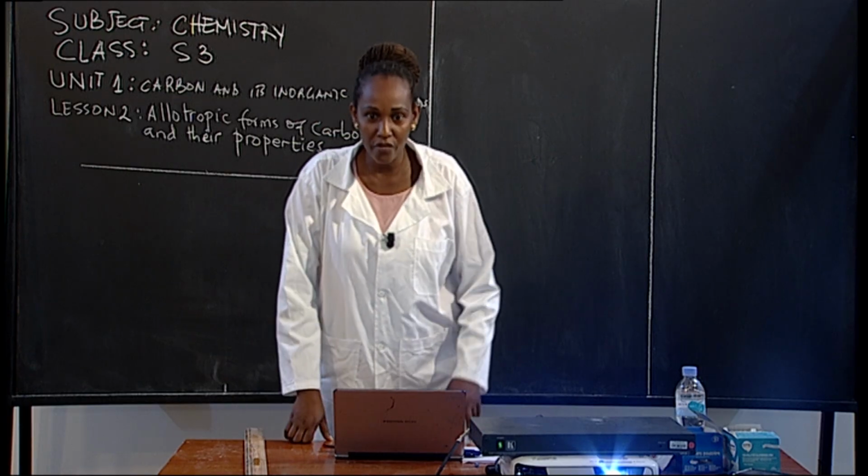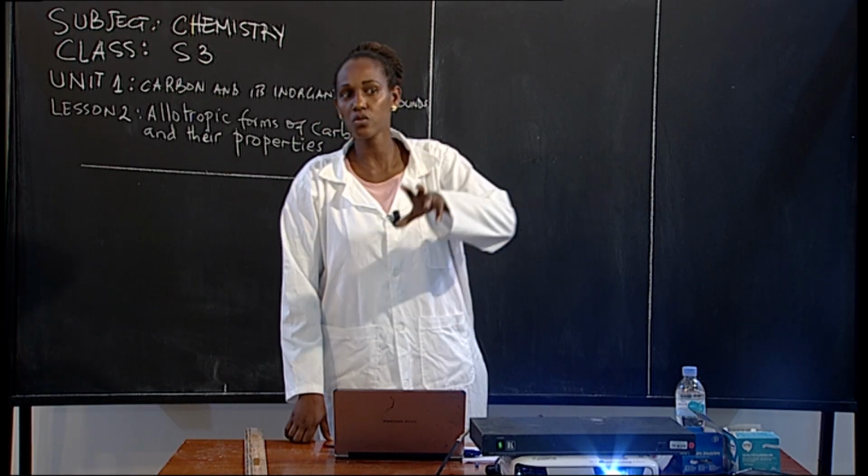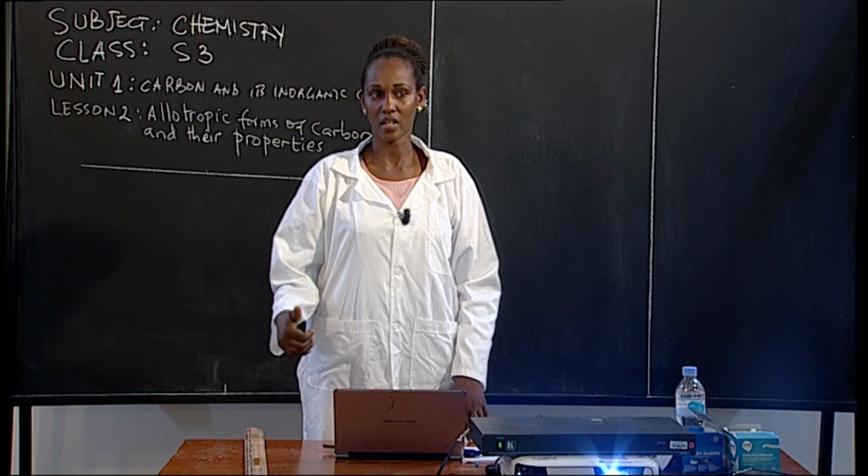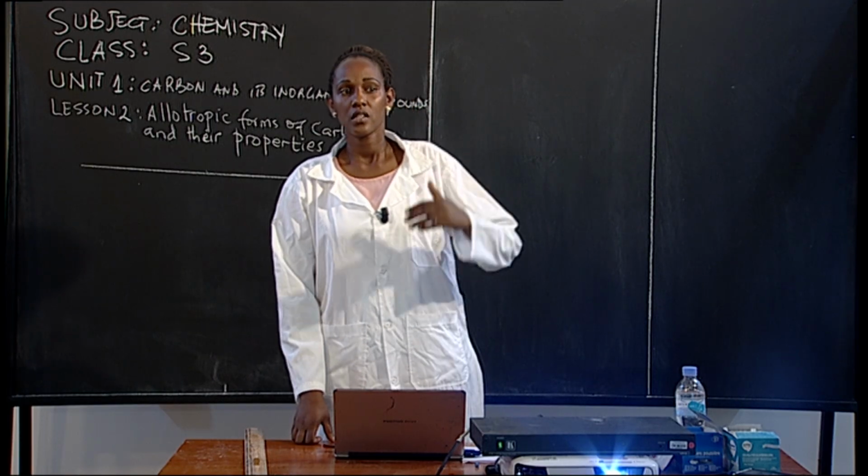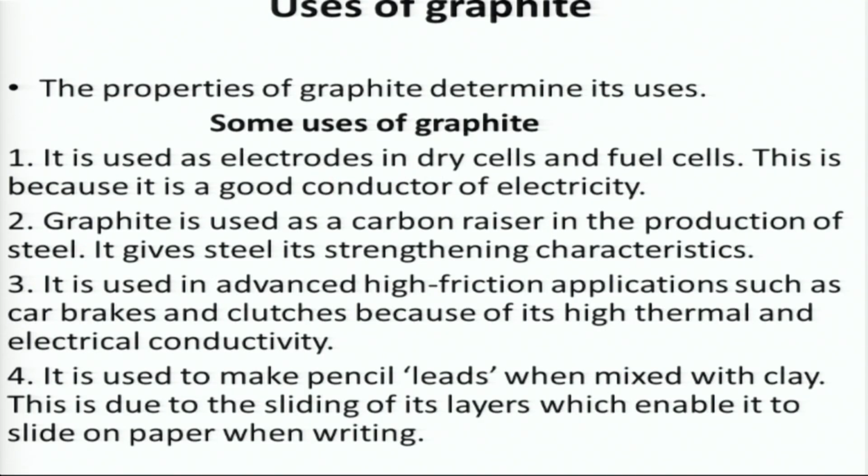So remember, from the physical properties, we are going to see the uses of graphite. One, as the subheading, the properties of graphite determine its uses. So if you have known the physical properties, from there you can tell the uses of graphite. One, it is used as electrodes in dry cells and fuel cells.